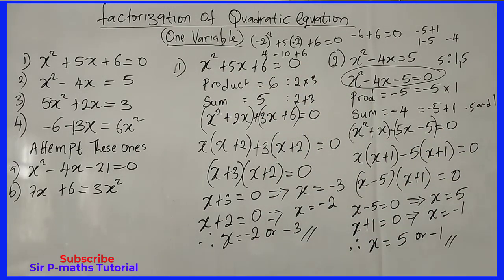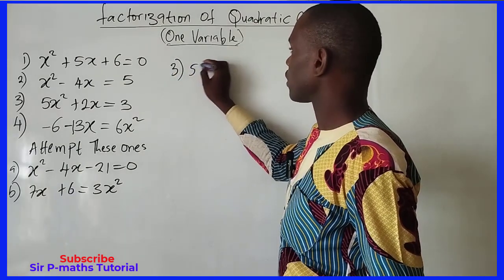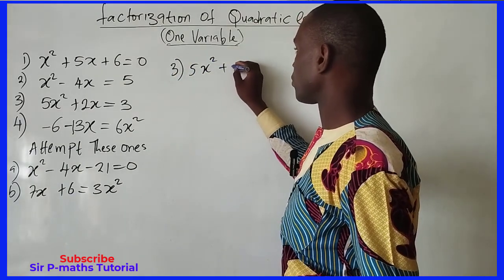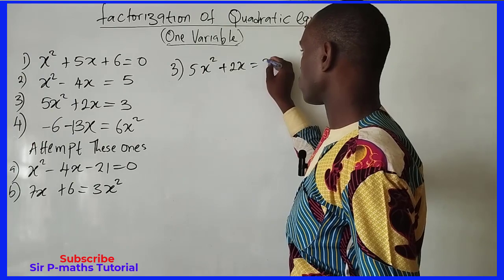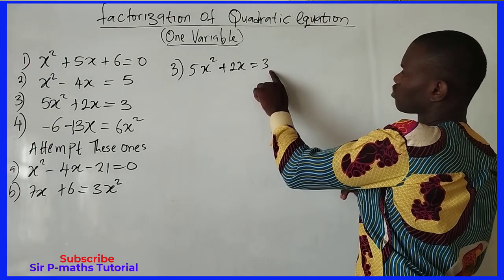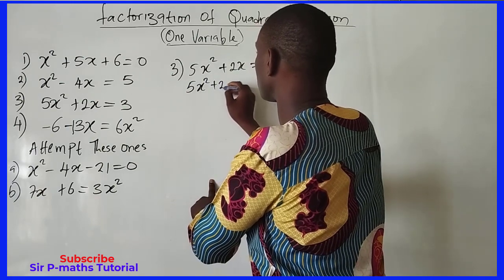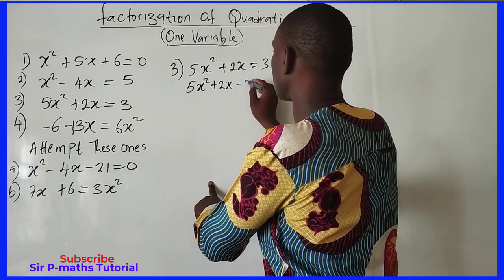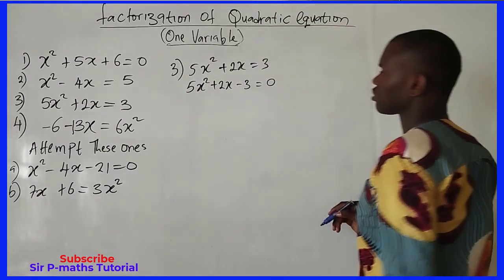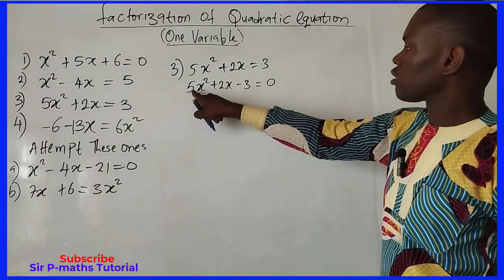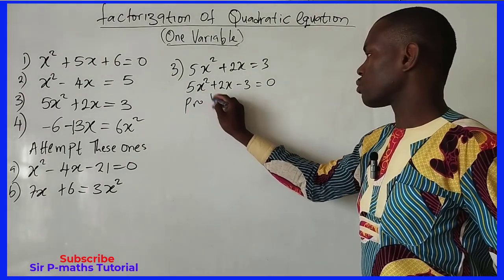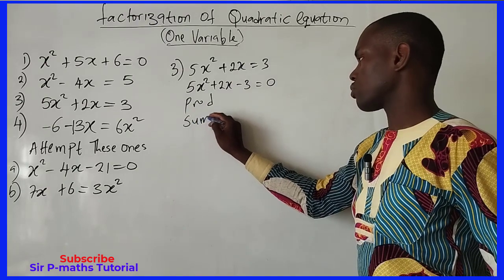Let's try the third one. For number 3, we have 5x squared plus 2x equal to 3. Now the first thing I'll do is to carry 3 across. I'll have 5x squared plus 2x minus 3 equal to 0. All right, then the next thing I'll do is to get my product and my sum.